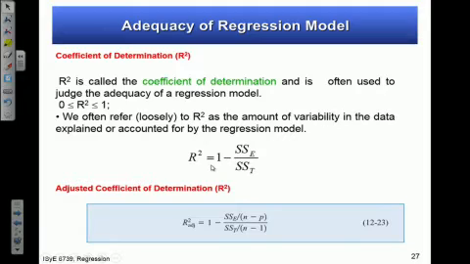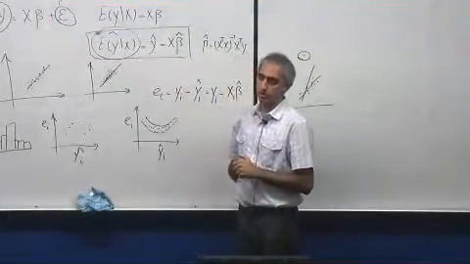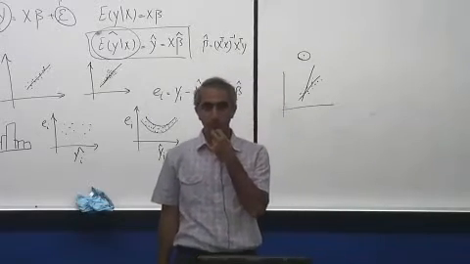Okay. So the last part of regression or multiple regression is something we call the coefficient of determination. Basically, it shows how much of the total variation of the data is explained by your regression model. Okay? So we call it R squared. How many of you have seen R squared before? Just raise your hand.